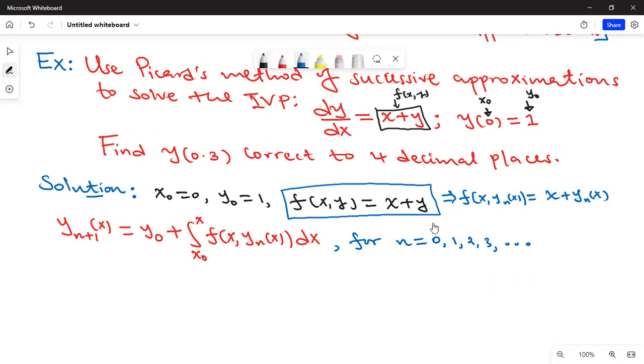So when I come to my formula here, we will now have this as y naught, and I know y naught to be equal to 1. So I'm replacing everything. Where we have y naught, we put 1, plus the integral. Our x naught is 0. We are integrating from 0 to x of x plus yn, which is a function of x. Integrate this with respect to x.